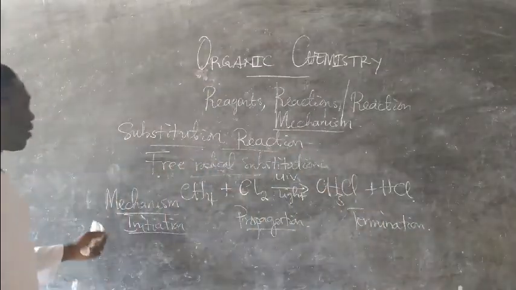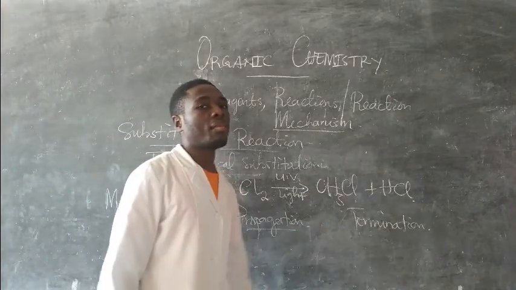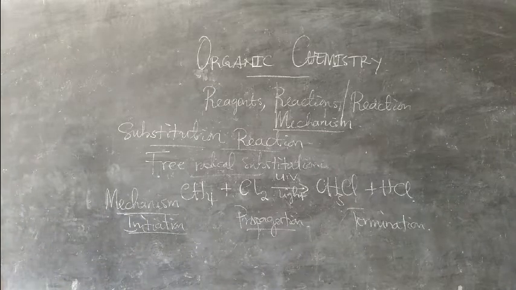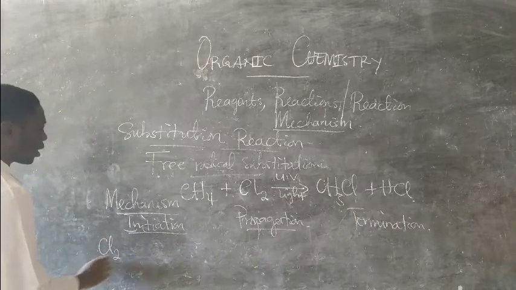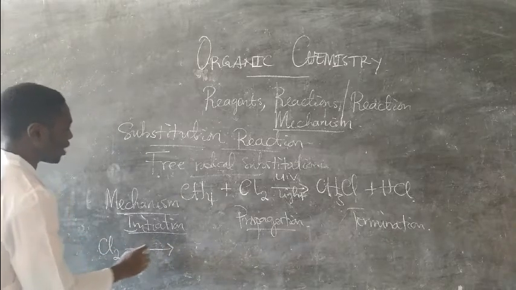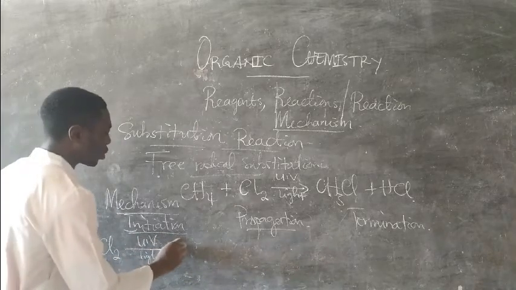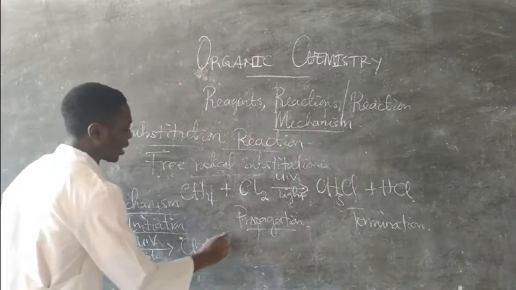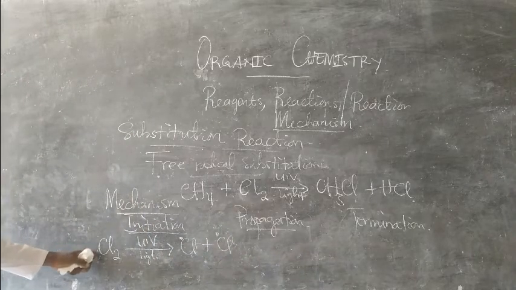For the initiation step, we are going to have just one equation. During initiation, the chlorine molecule is acted upon by the UV light to produce two chlorine radicals. So I'm going to have a chlorine radical plus another chlorine radical. That's the first step that occurs in initiation.